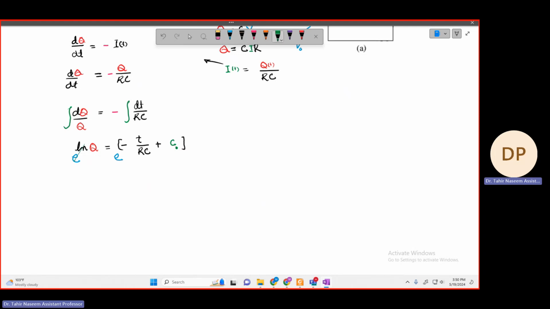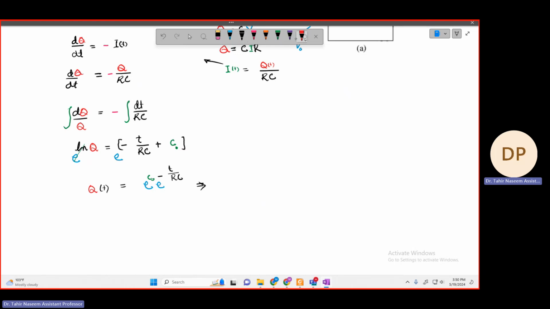So these two cancel out, and I will get q of t equal to, using the property of exponential, exponential of minus t over RC times exponential of c naught. c naught is the constant of integration, so I can write it like this.